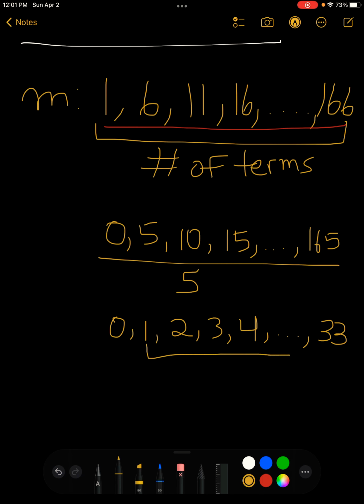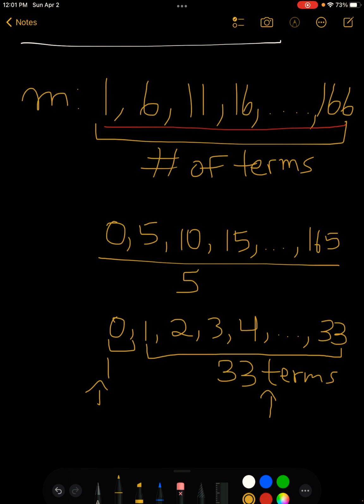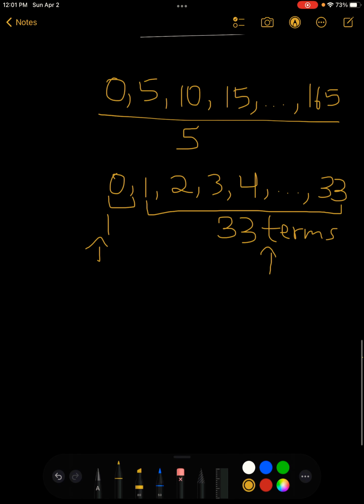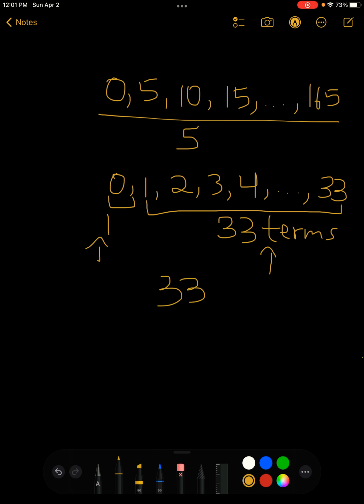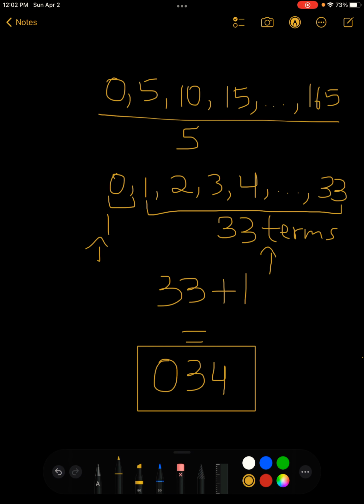Now we know that after 0, there are 33 terms, and here we have 1. So the total number of possible values is 33 plus 1, which is 34. And that is our answer.